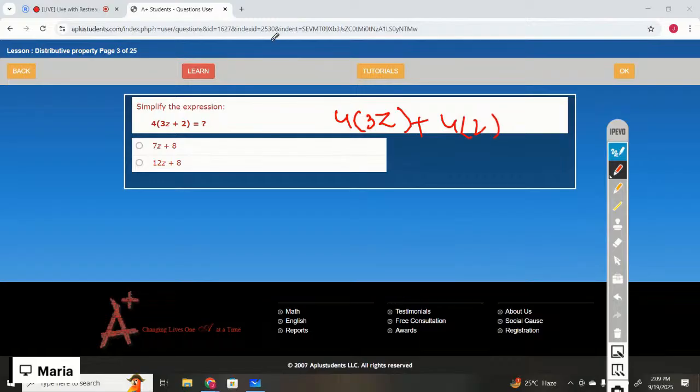So which is the correct option? 4 times 3 is 12z plus 4 times 2 is 8.